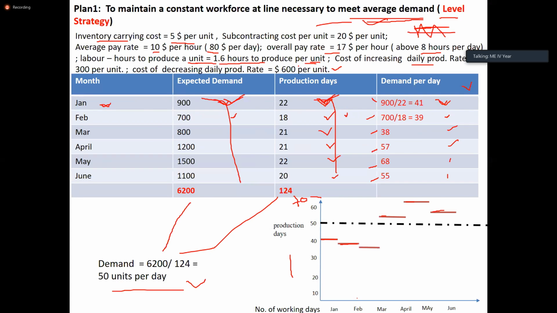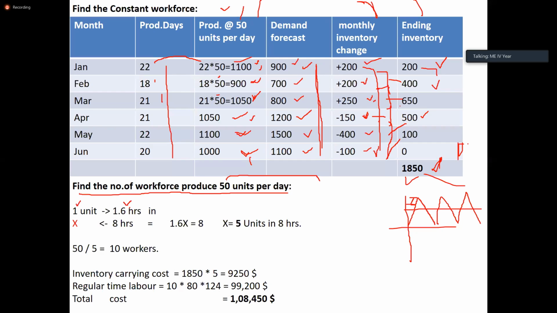Okay, so this much time to produce one component, but the company will work 8 hours per day. I'm calculating for product wise. So 8 hours, what is the quantity we can make? For one unit you will take 1.6 hours to produce, but in 8 hours how many units you will produce, that is x.